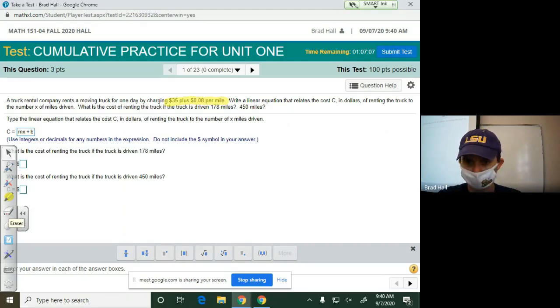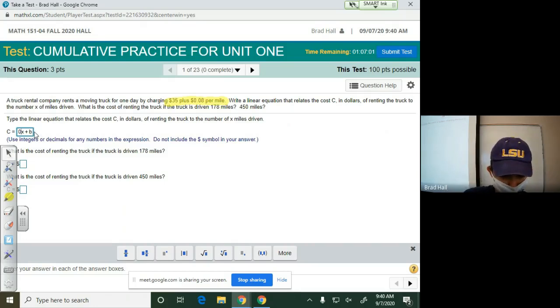So naturally, I go up here, the way I can organize that, 0.08 for the slope, 35 for the y-intercept. The 0.08 per mile makes me think that's going to be a multiplication, 0.08 where x is miles. So that product is plus 35.